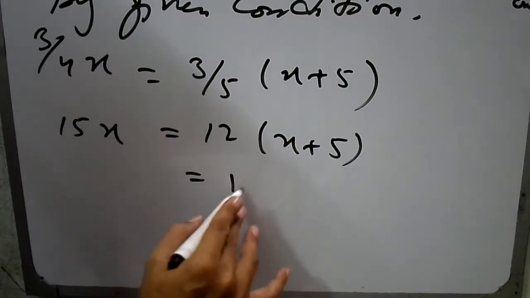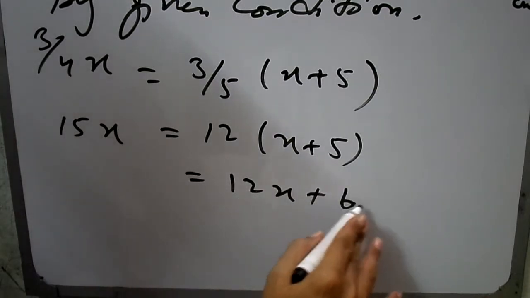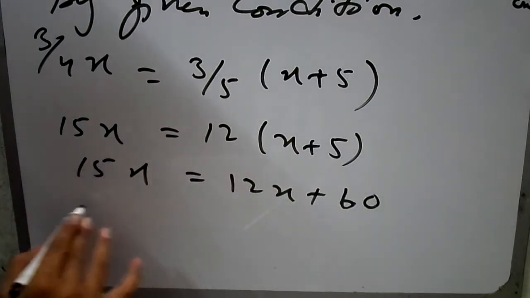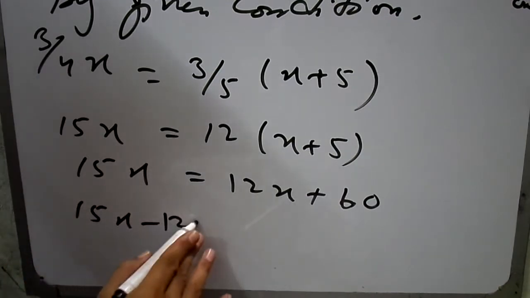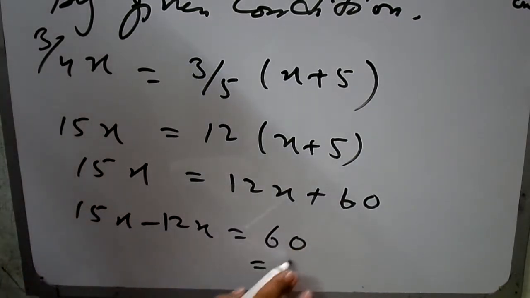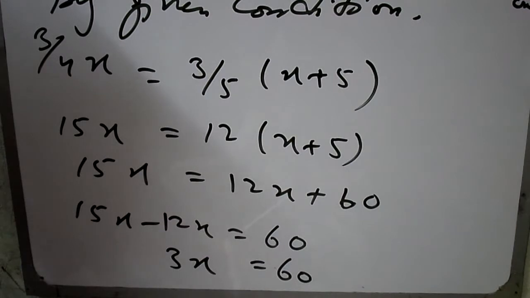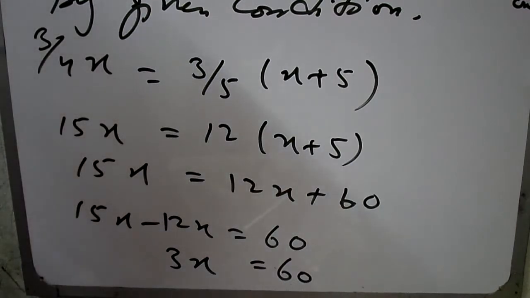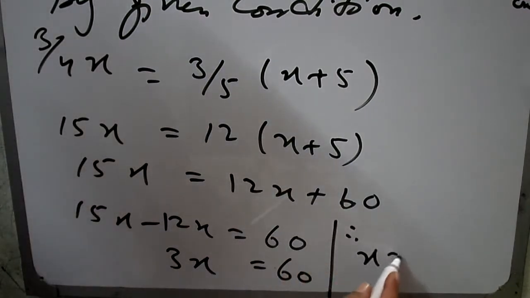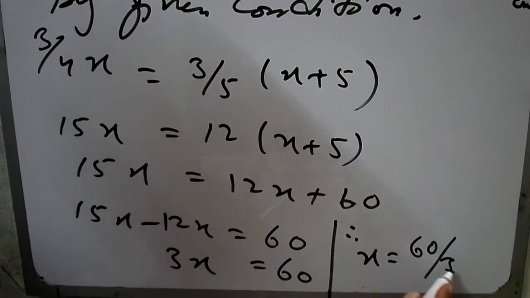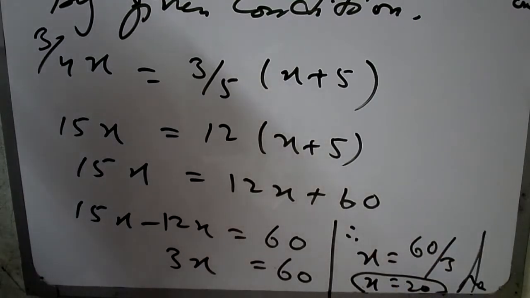Simplify it: 15x equals 12x plus 60. Similar terms will be shifted to one side, so you will get 3x equals 60. So the value of x is 60 divided by 3, which is 20. So the value of x is 20 centimeters.